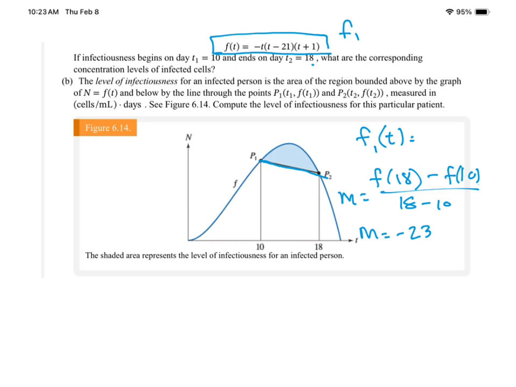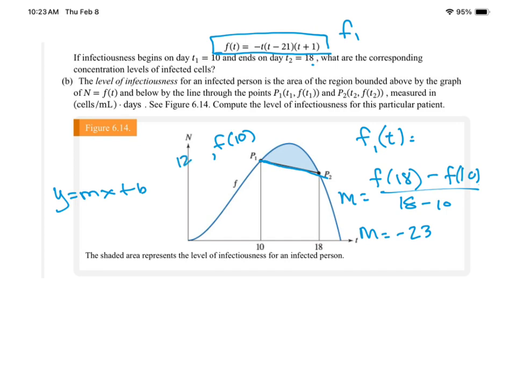Okay, now we got to write an equation. I would use y equals mx plus b. It's linear. We know m is negative 23. If x, somebody type on your calculator f of 10. If x is 10, what's y? 1,210.